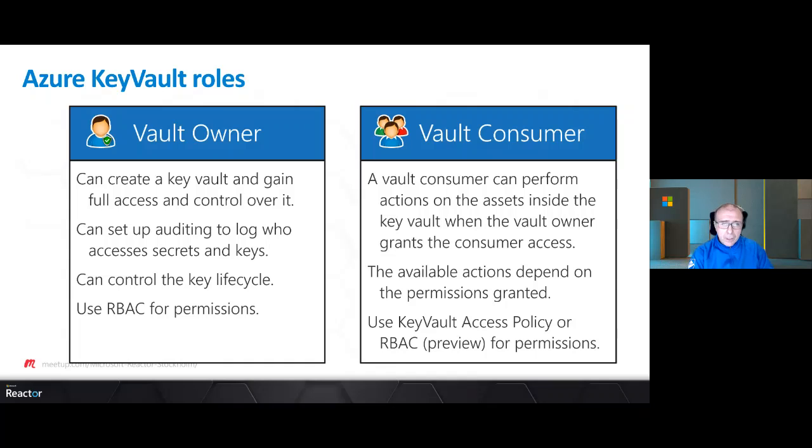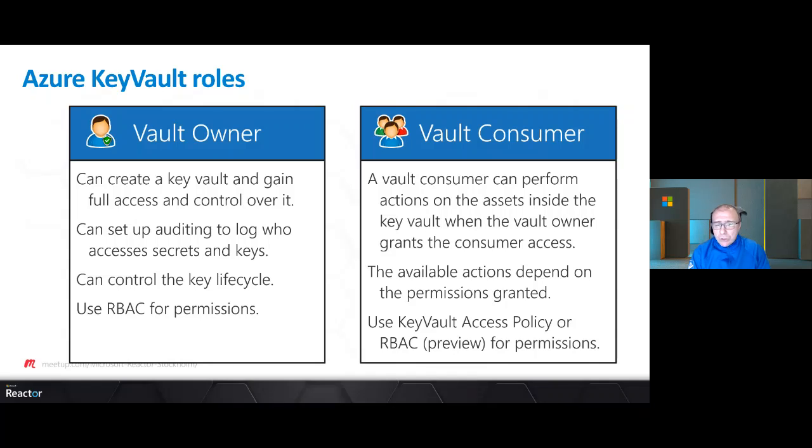Okay, perfect. What about availability and redundancy? The Key Vault is a data service, so you can save data inside the Key Vault. A secret is data, a key is data.